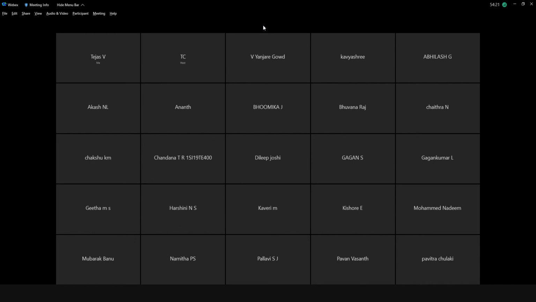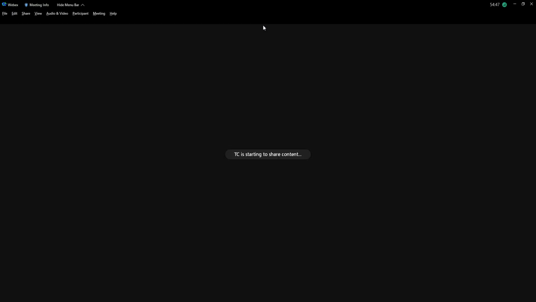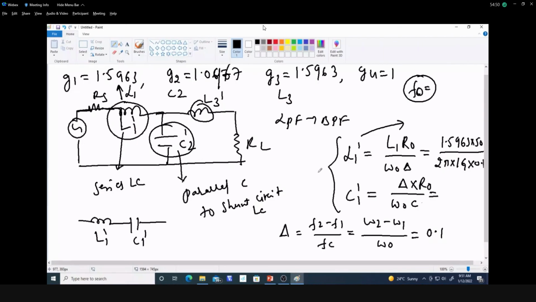Not asking the attendance, asking the values. 127. So the L1 dash is 127 nanohenry. Sorry, nanohenry. So C1 dash you can find out.